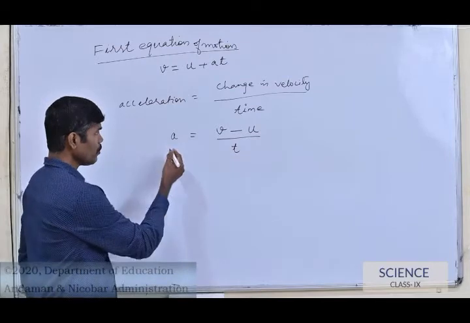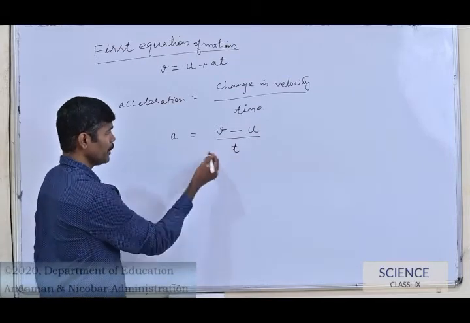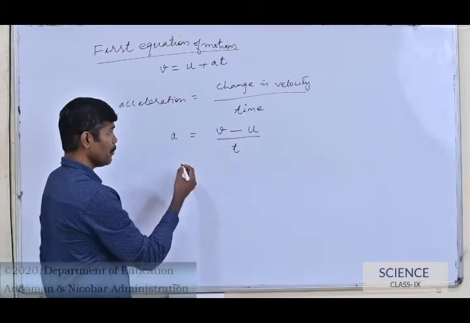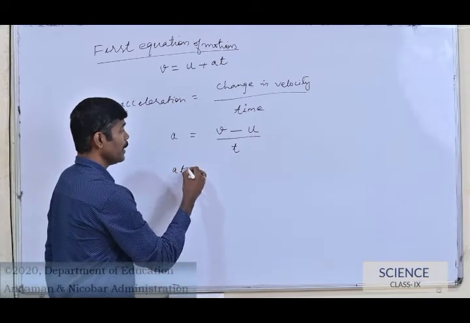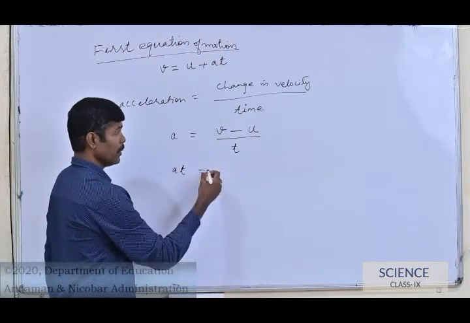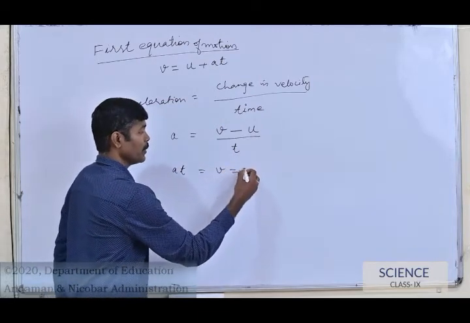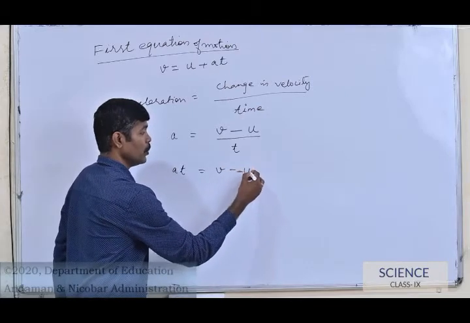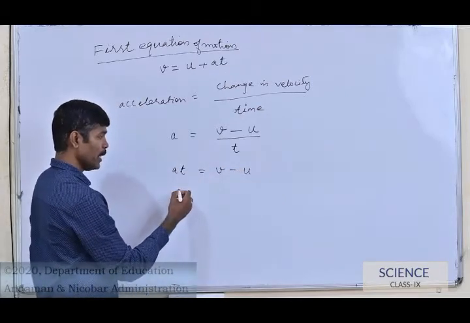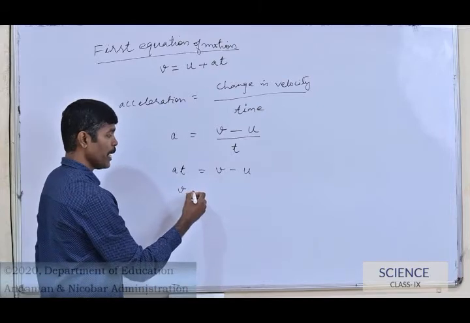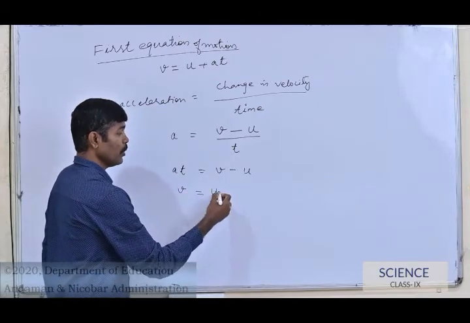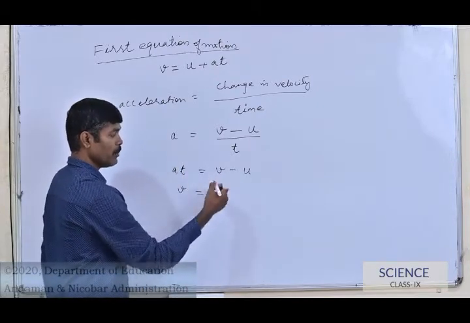Now, by rearranging the equation, we will get at is equal to v minus u. By rearranging once again, we can write this equation as v is equal to u plus at, since u comes to this side, so minus will become plus.